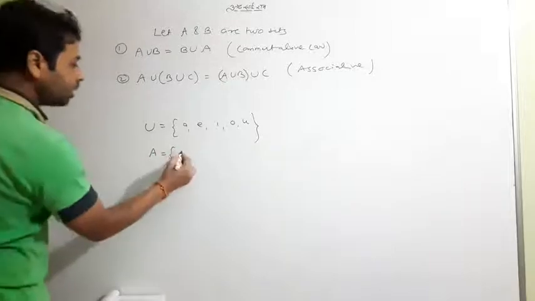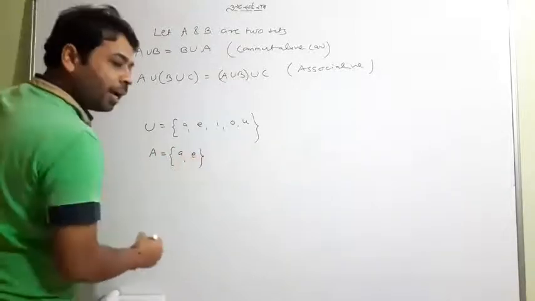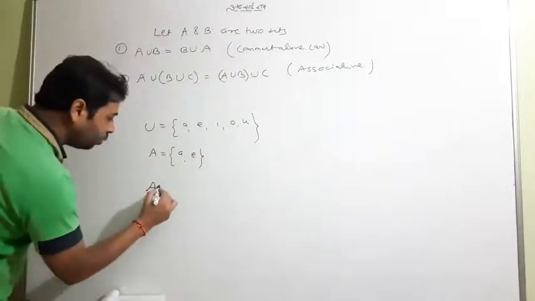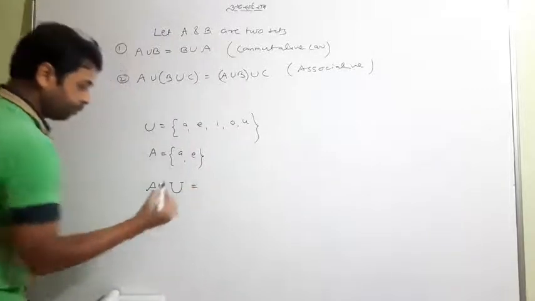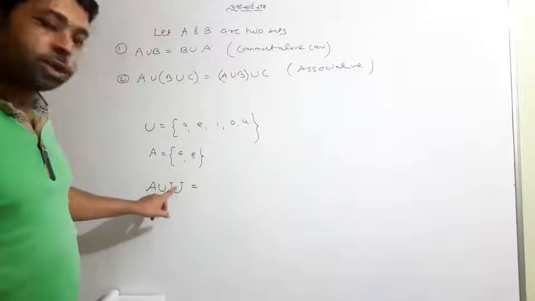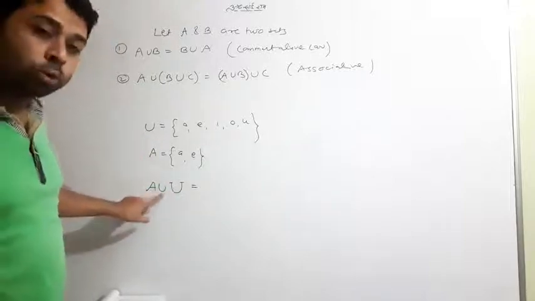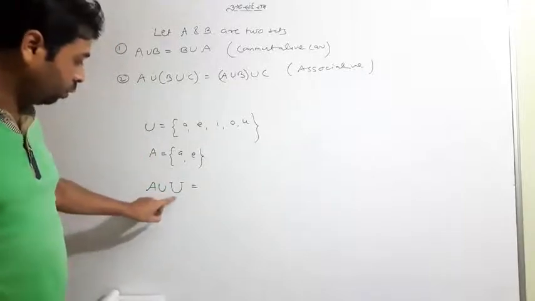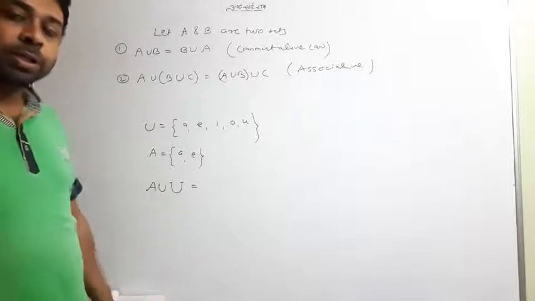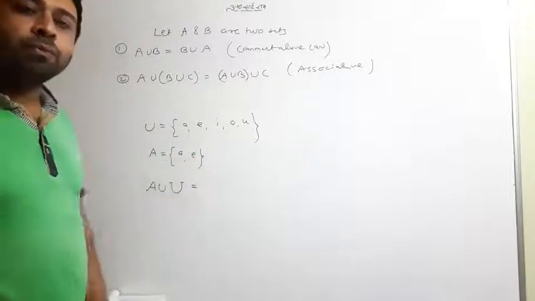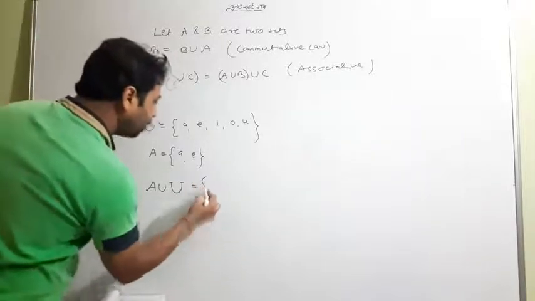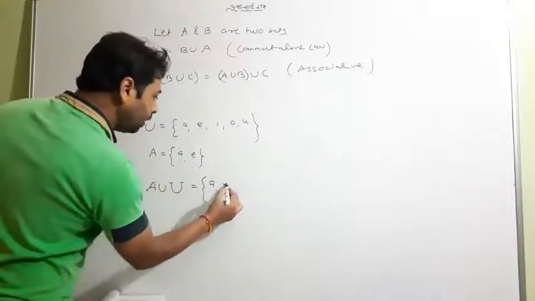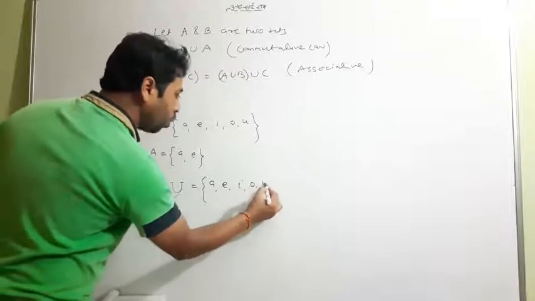So suppose A is {A, E}, and I ask you to find A union universal set. One can simply understand we have to join them, and we cannot repeat the common element. A is here one time, E is one time, I, O, U. Combination.